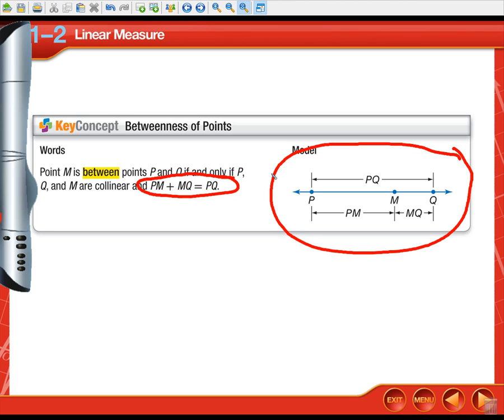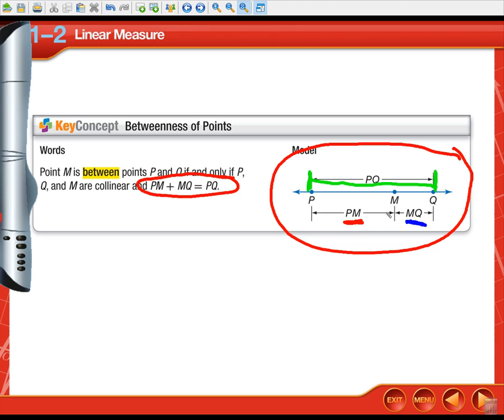Okay, so this definition tells me that PM, well, let's look at what PM is. It looks like PM is this segment right here. If we take PM and we add MQ, so MQ would be the segment right next to it, this blue segment right here, if we add the red and the blue, that would equal this full segment PQ.